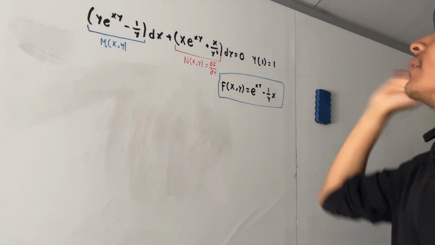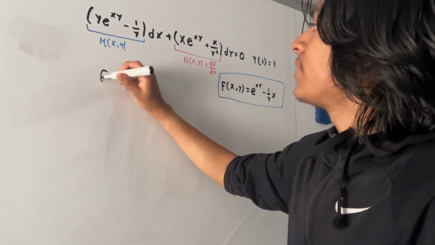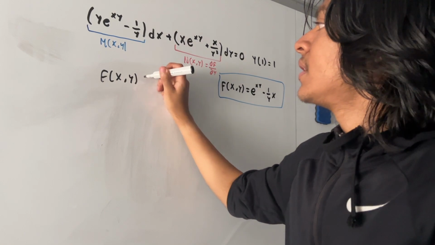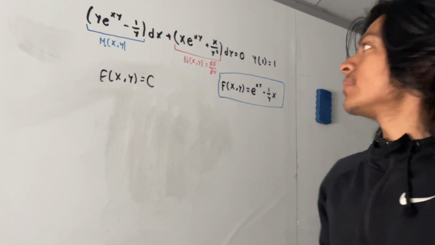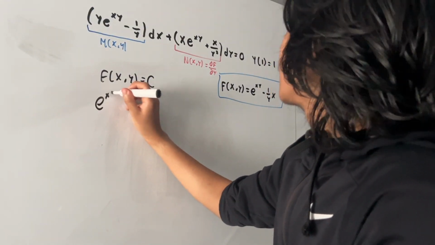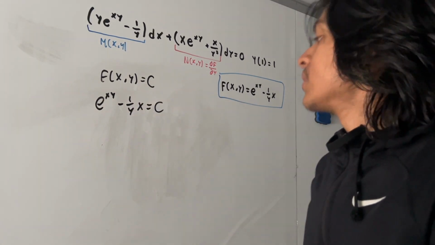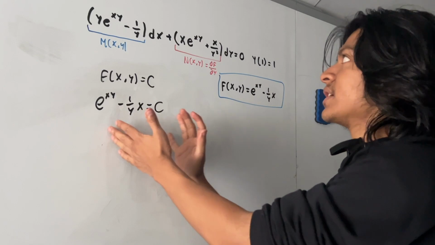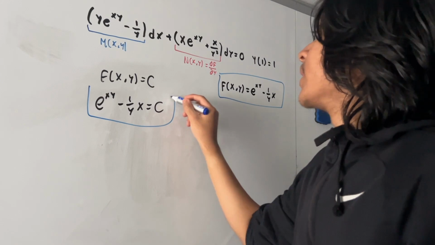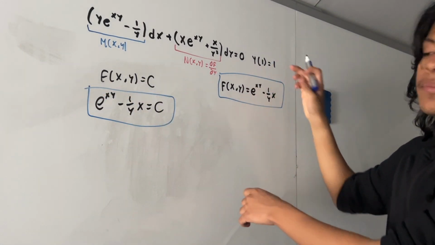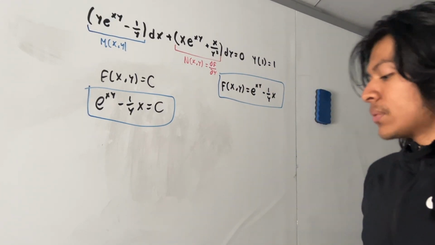So now that we have that, we already know that f of x, y is equal to c. This is our level curve, and we just plug it in. So we get e to the xy minus 1 over yx is equal to c. Now this is the general solution for this differential equation, but because we have an initial value here, we're just going to plug in x is equal to 1 and y is equal to 1.